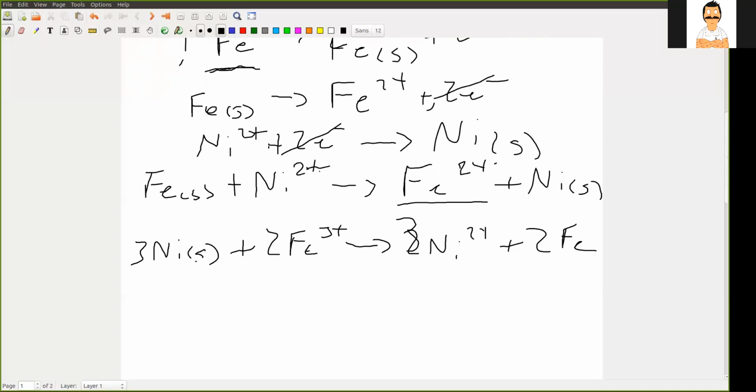So you could do it in that fashion where nickel can actually reduce iron, but ultimately, if we're looking at whether or not iron can reduce nickel, it can. It only yields an iron 2 plus as the product, along with the solid nickel. It won't work if you're dealing with iron 3 plus.